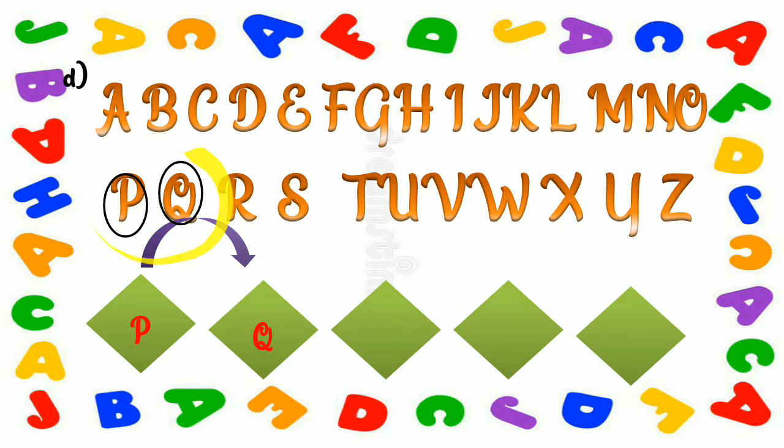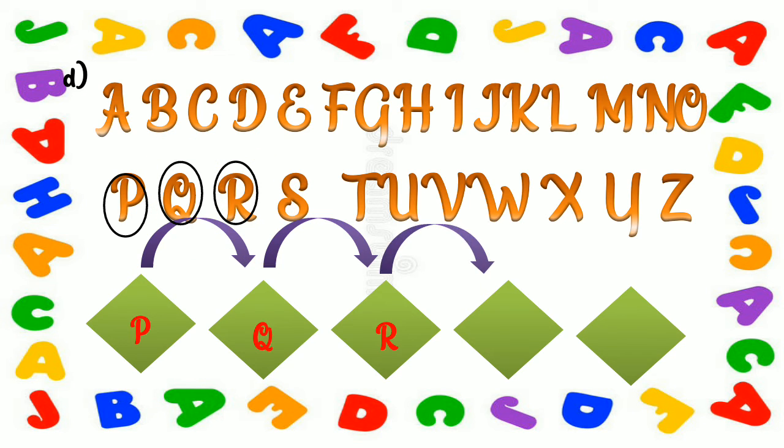P and Q. Then our answer is R because it's next to Q. So we write R here. So children, you all understand? Here we see P, then Q, then R. So which is the next answer? So here we have S.